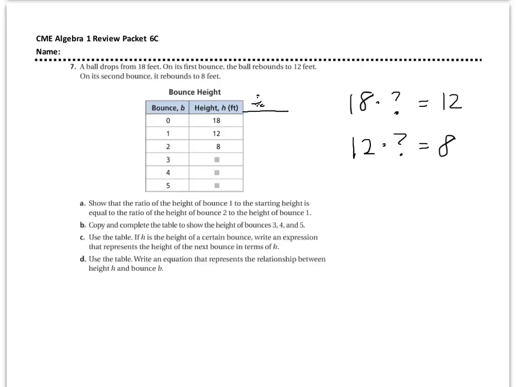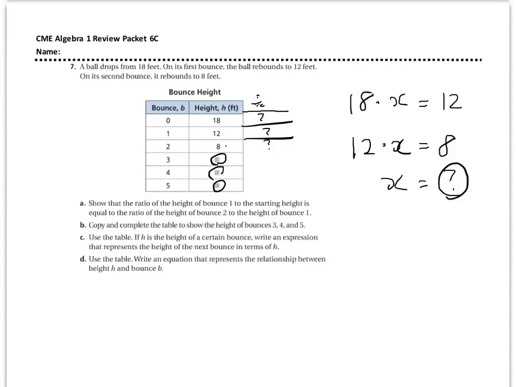If you replace the question mark with x, this is a simple linear equation. Those two numbers should be the same. And you can multiply by that ratio in order to find this one, or this one, or this one.